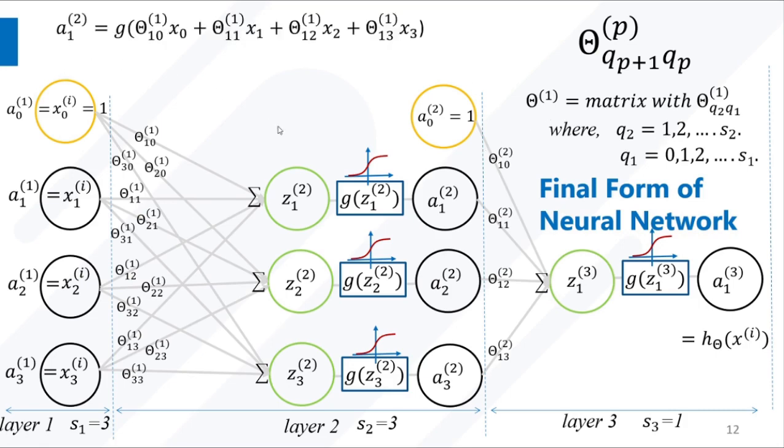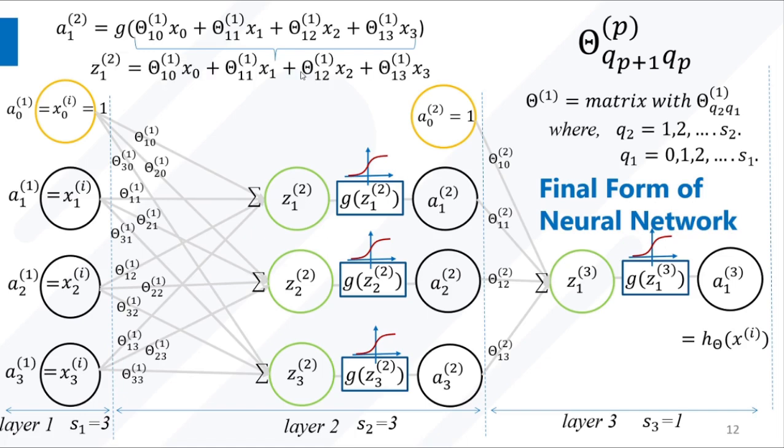Now let us discuss the relations between Z and A. The Z and A are related by a sigmoid function. You see, A1 is equal to sigmoid function G of all the summation, this summation representation. So this term within the bracket, we actually call it Z. You see Z, this is the Z. So if we replace this whole term with a Z1, then the previous equation now becomes G of Z1.